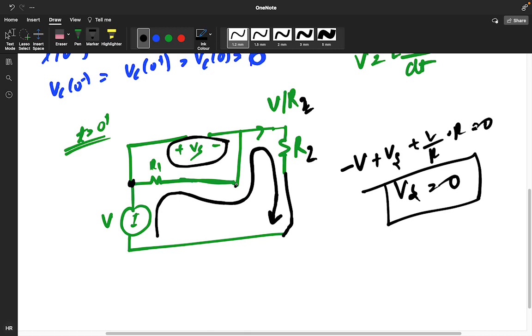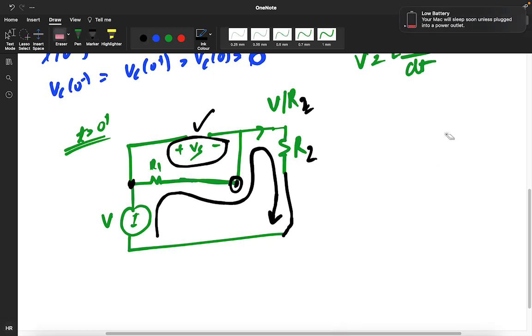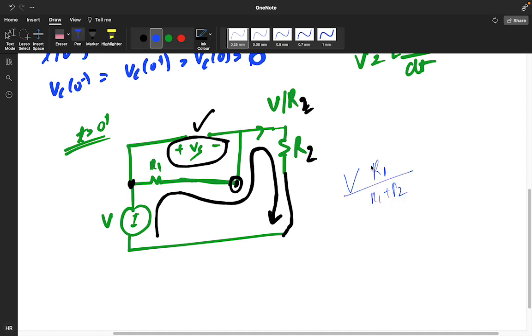If you get the voltage across this, you will get the voltage across Vs. Apply the voltage divider rule: V into R1 divided by R1 plus R2. So Vs at 0+ will be V into R1 divided by R1 plus R2.